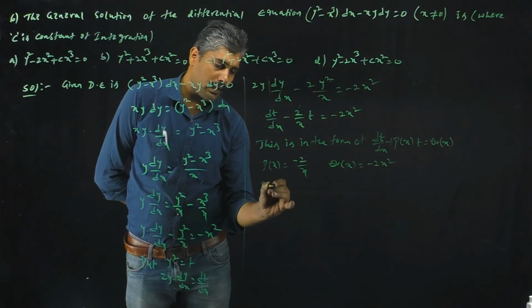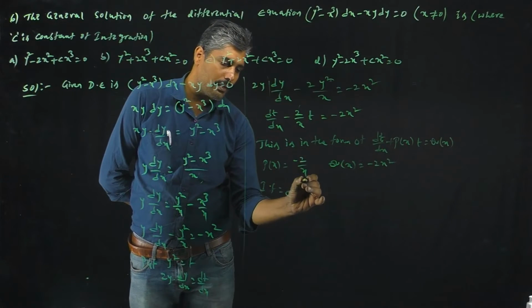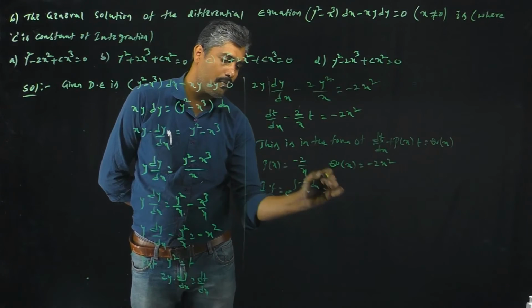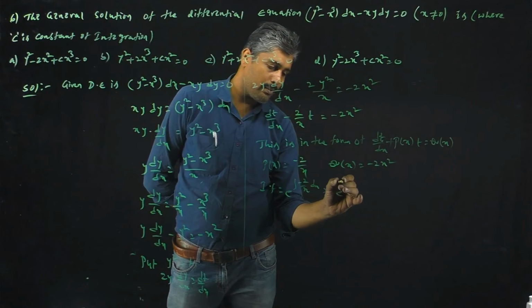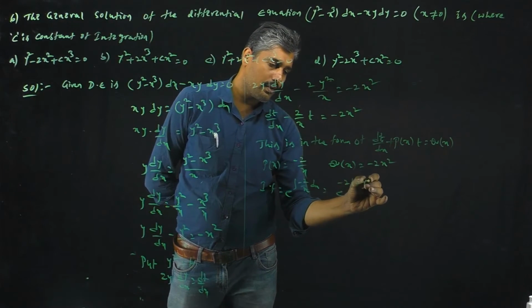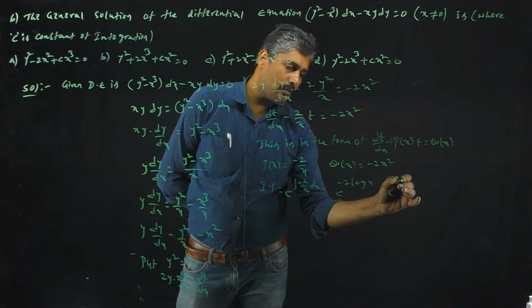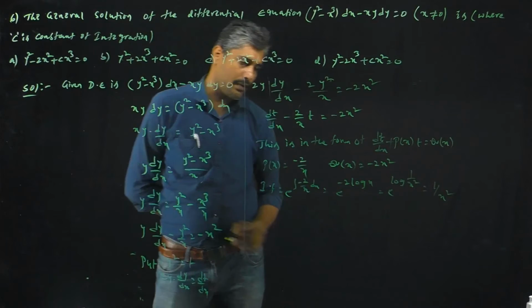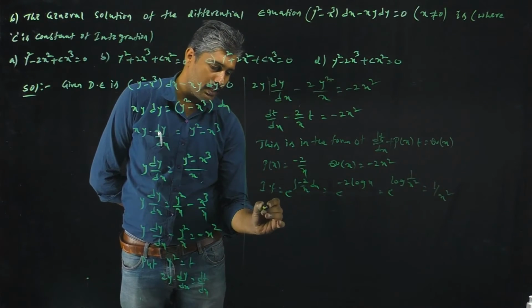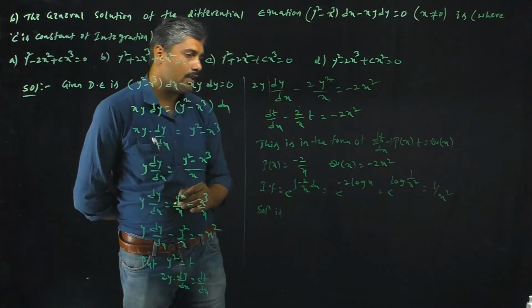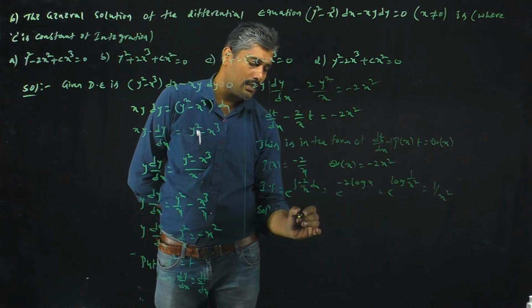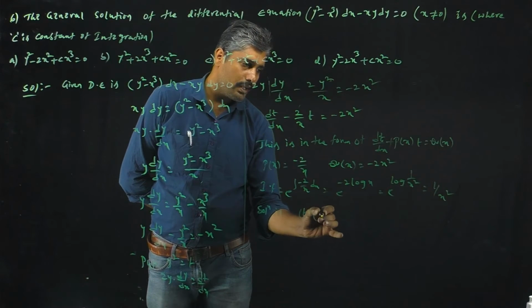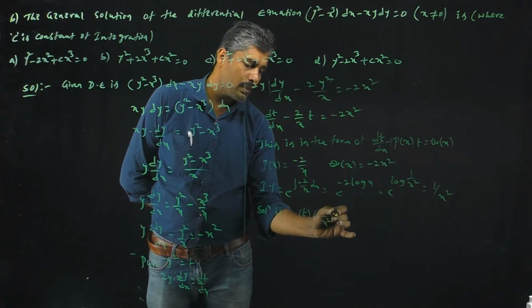Therefore, the integrating factor I.F. equal to e power integral of minus 2 by x dx, that equals e power minus 2 into log x, that equals e power log 1 by x square, that equals 1 by x square.